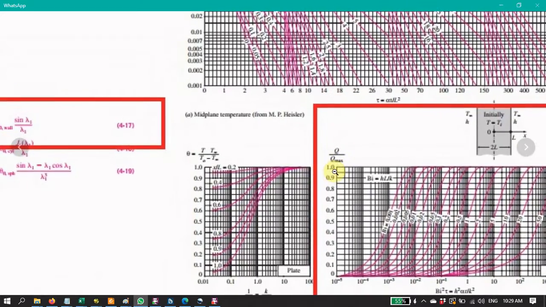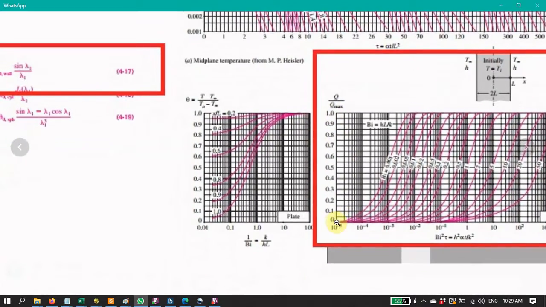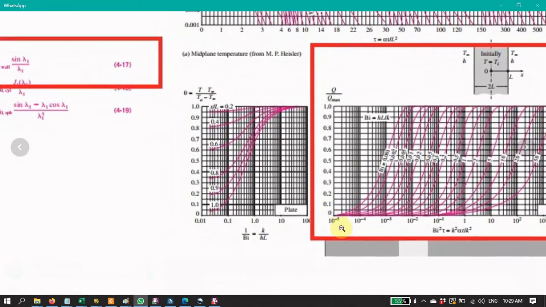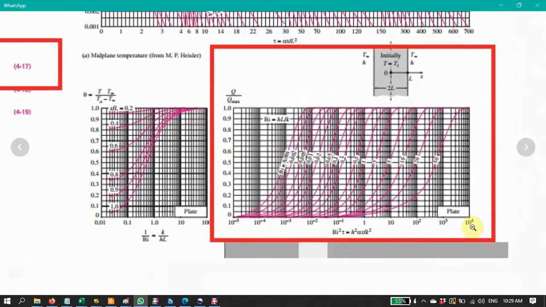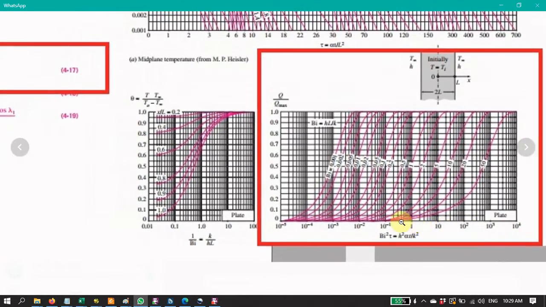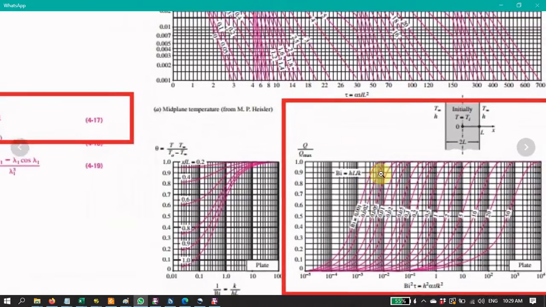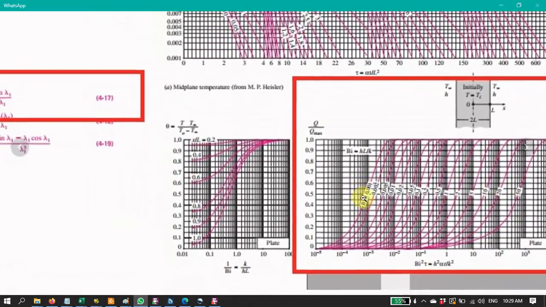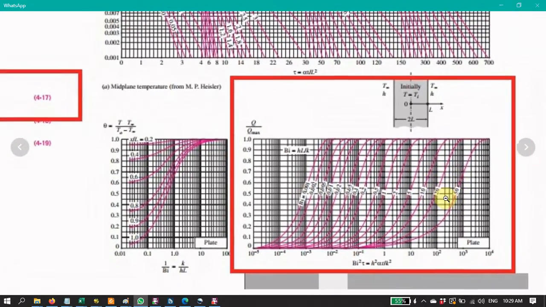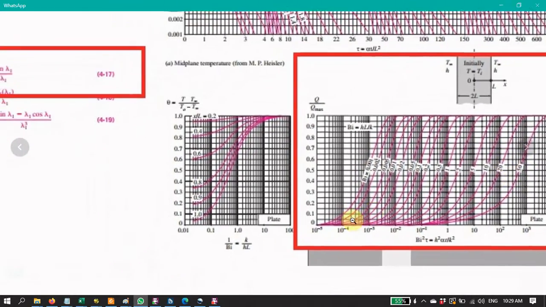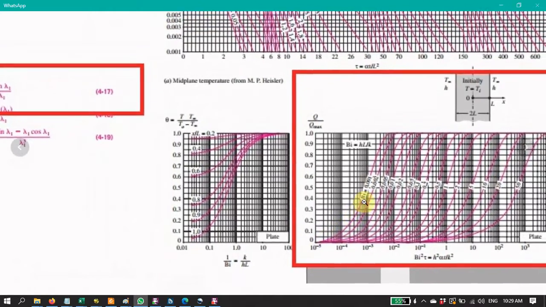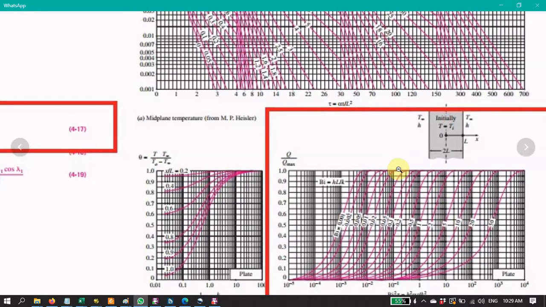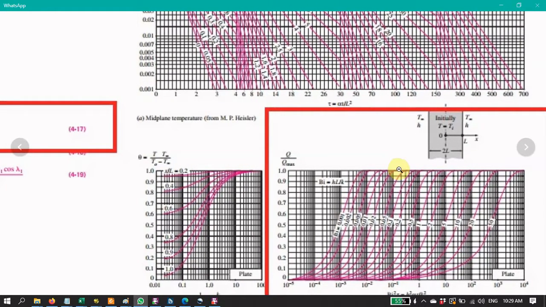The horizontal axis at the bottom is the square of the Biot number times the Fourier number, ranging from 10 to the minus 5 up to 10 to the 4. The pink lines refer to the Biot number ranging from 0.001 up to 5, right? You can see that the amount of heat is rising, and it will stop at 1 when Q over Q max equals 1.